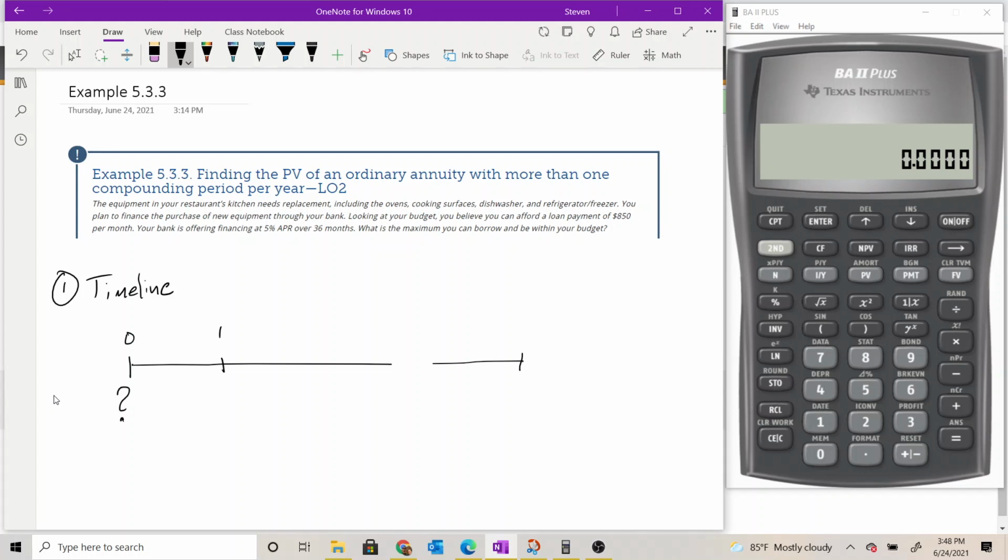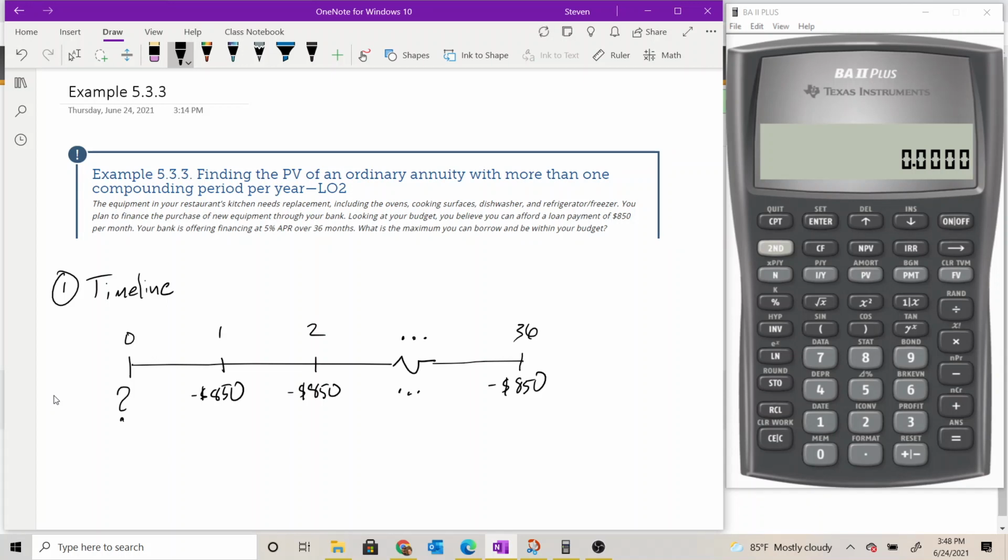I'm going to look at that from the perspective of the borrower, so I'm going to call that a cash outflow of $850 one month from now, another one two months from now, and then that pattern will continue for 36 months. On the 36th month, we'll have our final payment of $850.